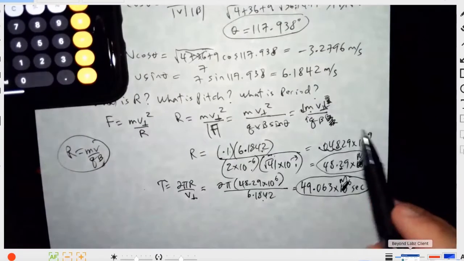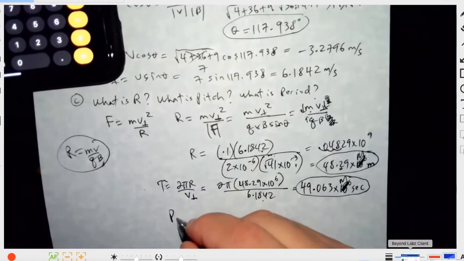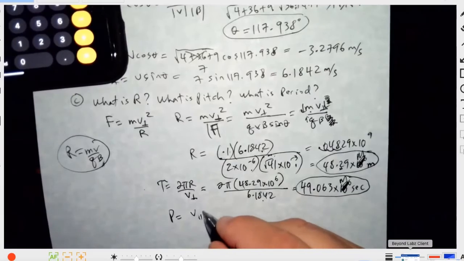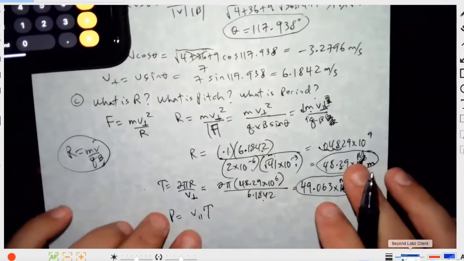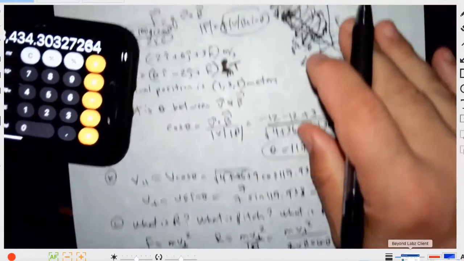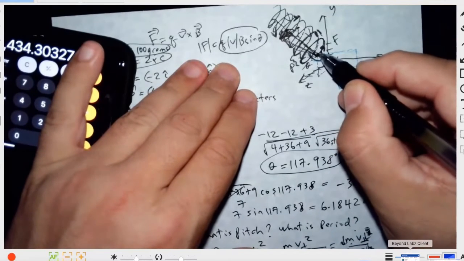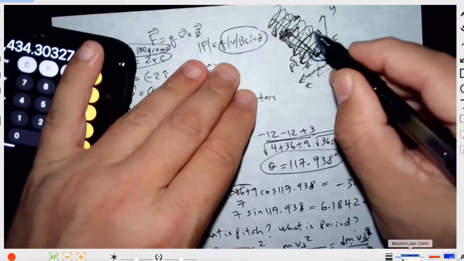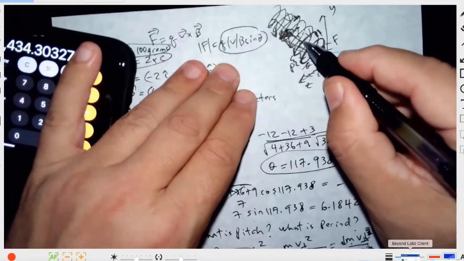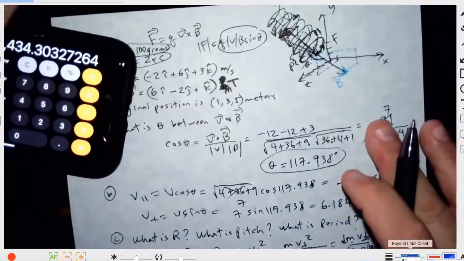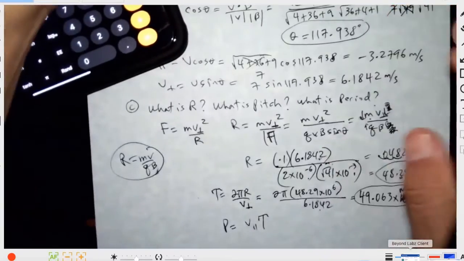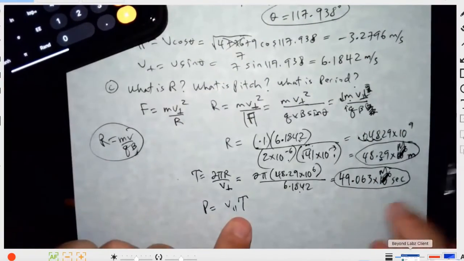And lastly, the pitch would be V parallel times the period. In other words, how far it has traveled during one time that it's gone around, and then one more time, how far it's traveled that way, and so on. So you just do V parallel times the period.